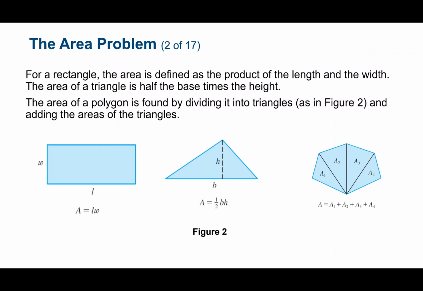And even if we have some more complicated polygon, usually we can split that up into pieces and just figure out the area of each piece. You can take a polygon and split it into triangles, figure out the area of each triangle, and then add all those together, and we can get the area of some weird shape.